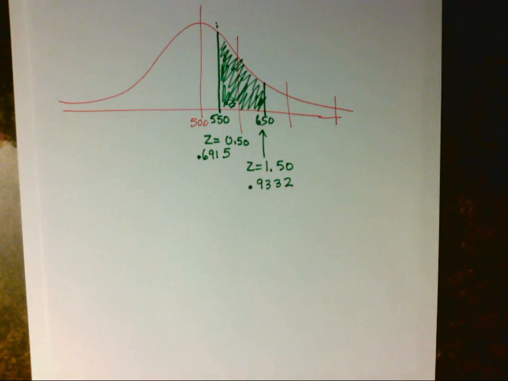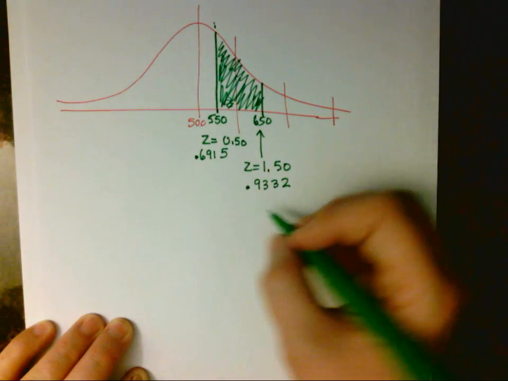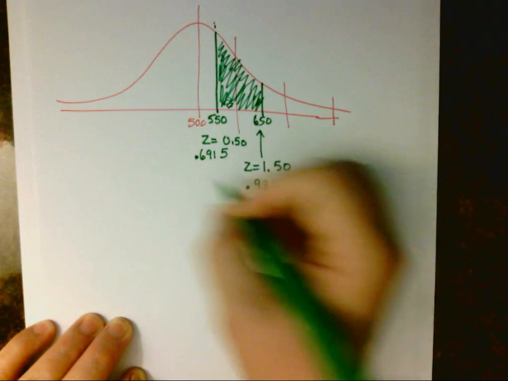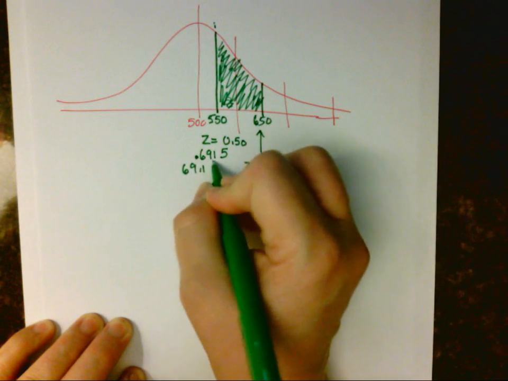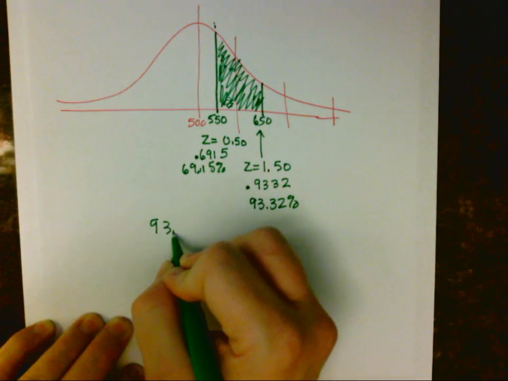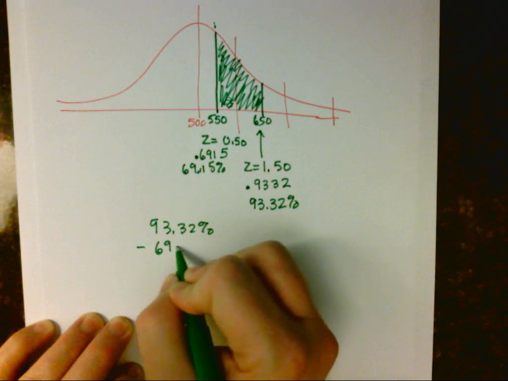Okay, we looked those up previously, and it said we're going to change them now to percents and take the larger one. As a percent, this is 93.32%, and as a percent, this is 69.15%, and we simply take the larger one and we subtract the smaller one.